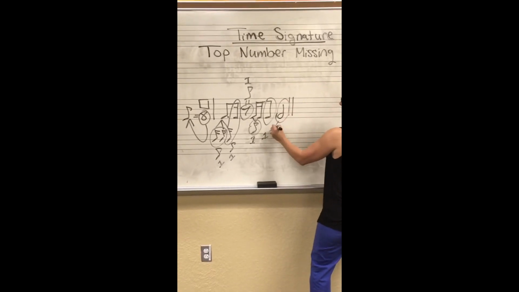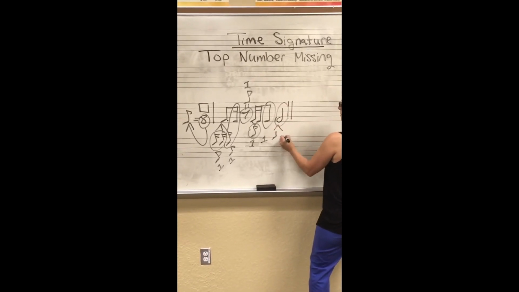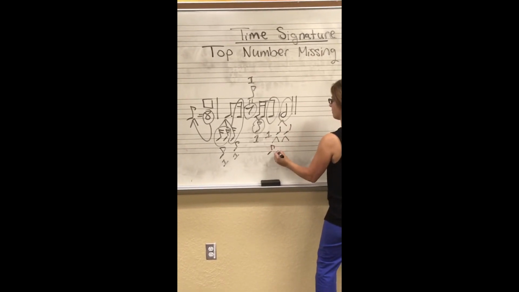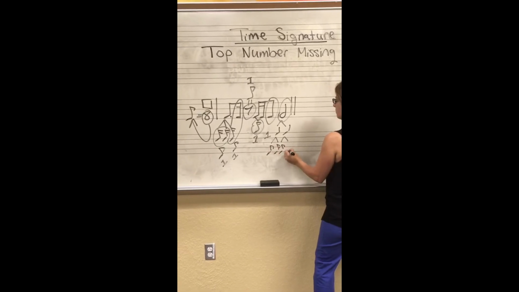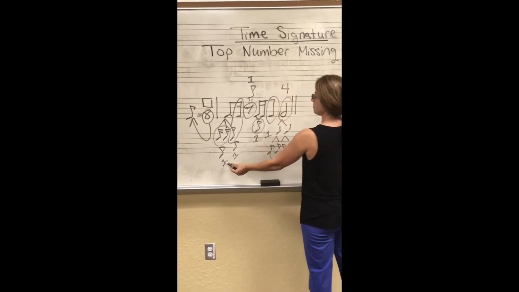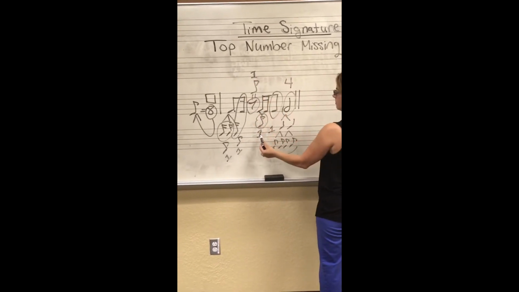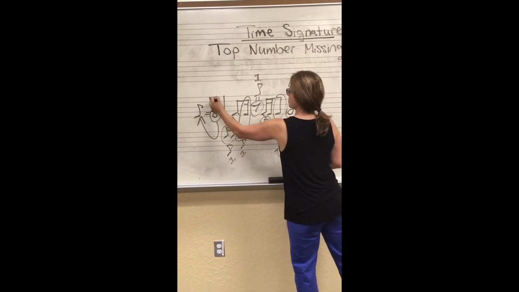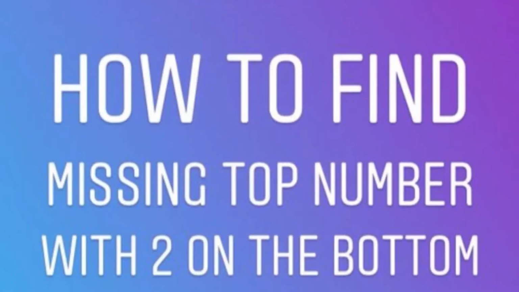One half note makes 4 beats. When you add them all up, you should get 9.